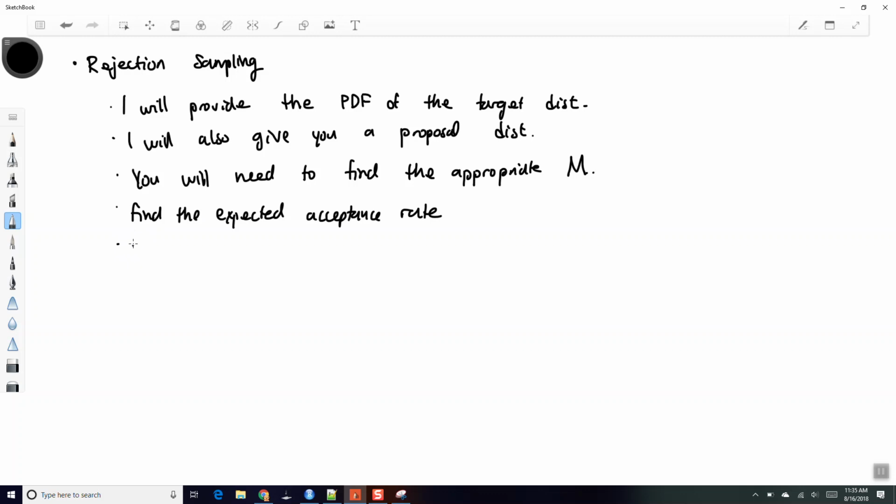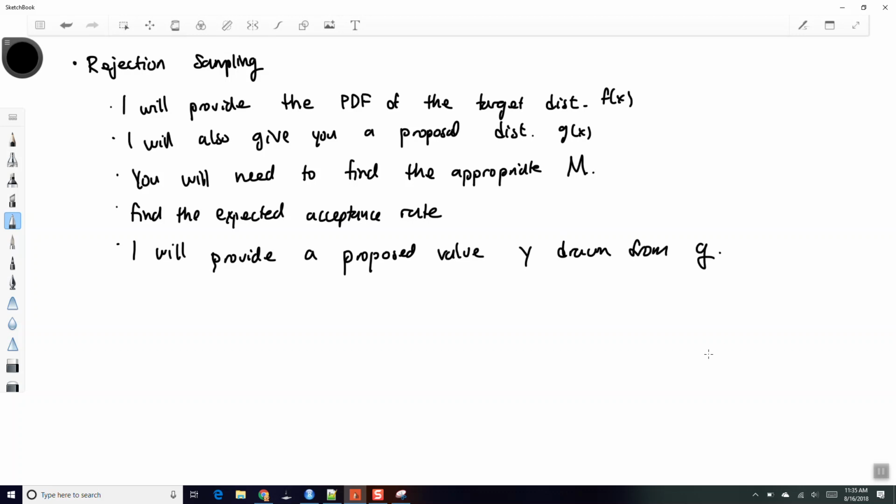And then I will, so your target distribution f of x and g of x, okay? And I will provide a proposed value y drawn from g, from the proposal distribution. I will also provide a u drawn from uniform 0, 1, okay?